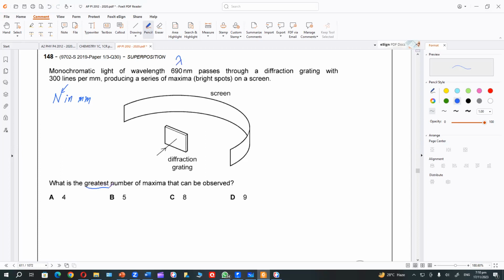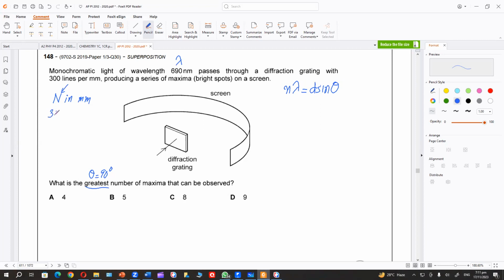So for the greatest number of maxima, you can put theta equal to 90 degrees. The formula says N lambda equals d sine theta. So we can first find, our N is in millimeter.